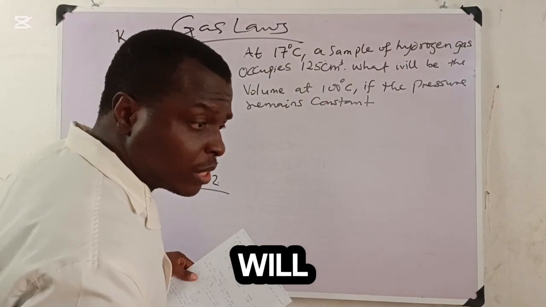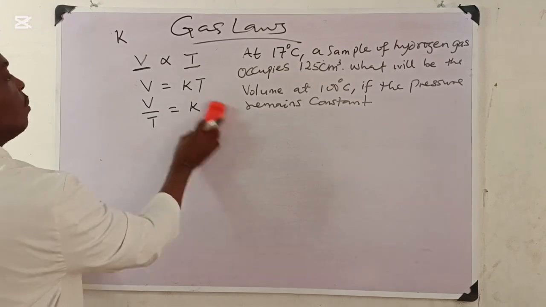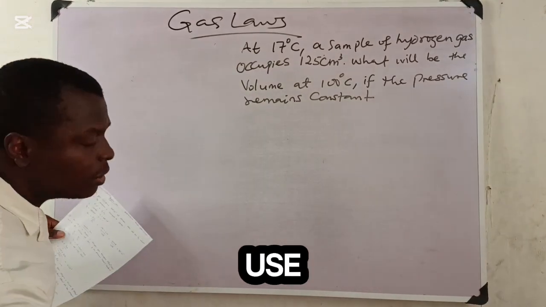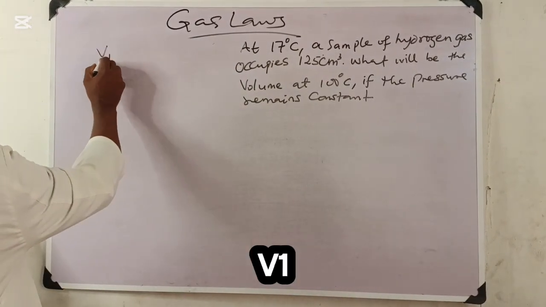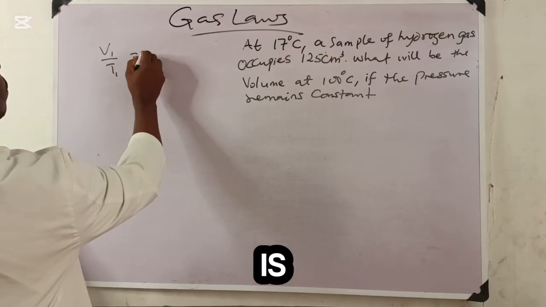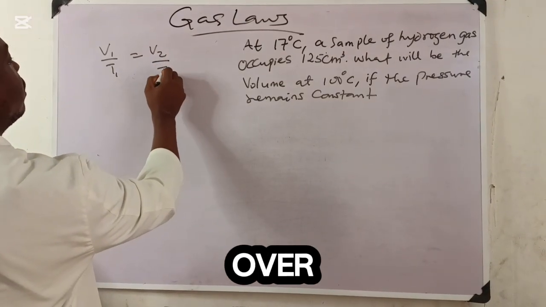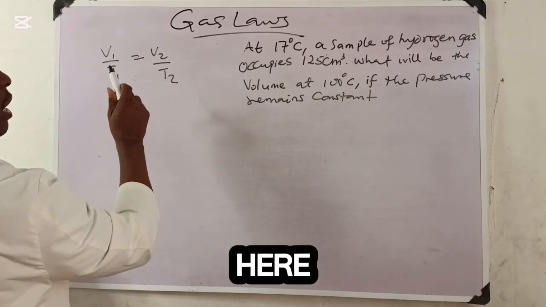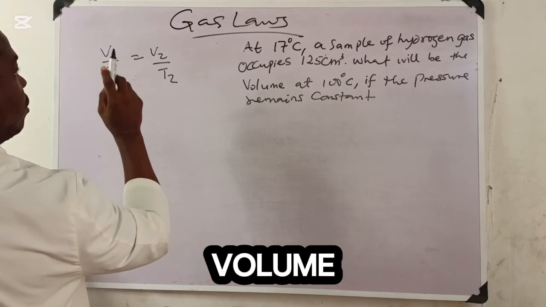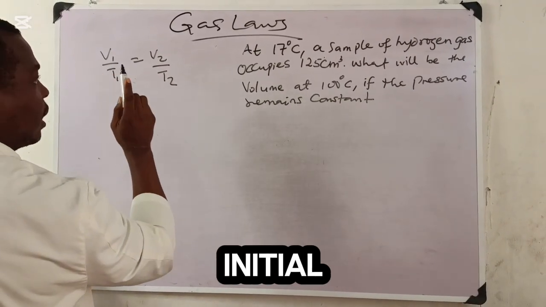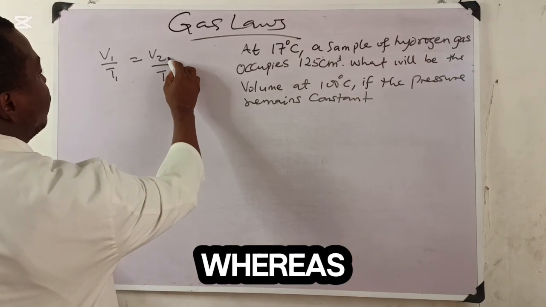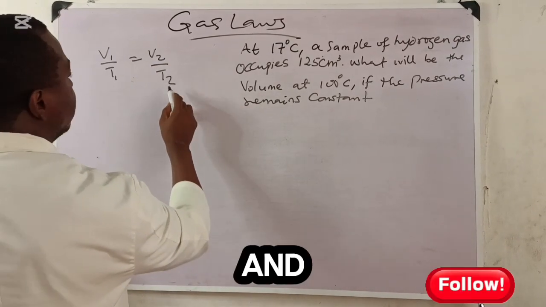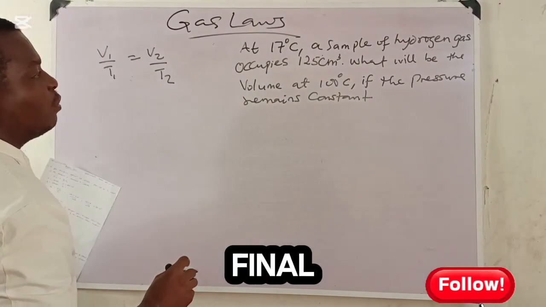Now, to solve this, we will use the formula V1 over T1 is equal to V2 over T2. We know that V1 is the initial volume and T1 is the initial temperature, whereas V2 is the final volume and T2 is the final temperature.